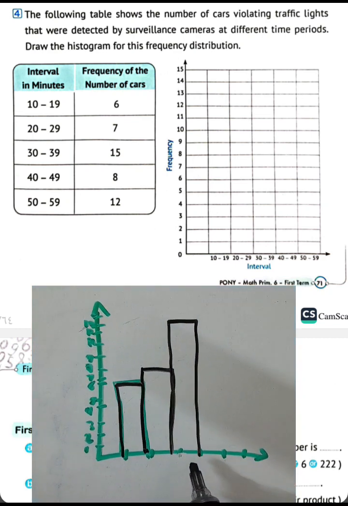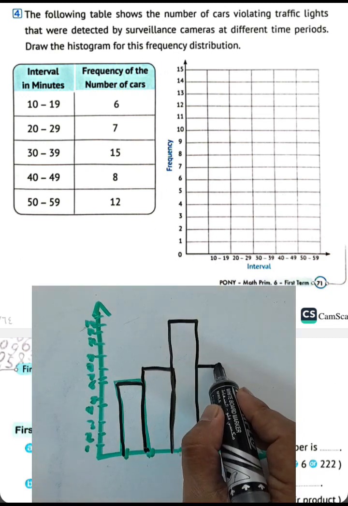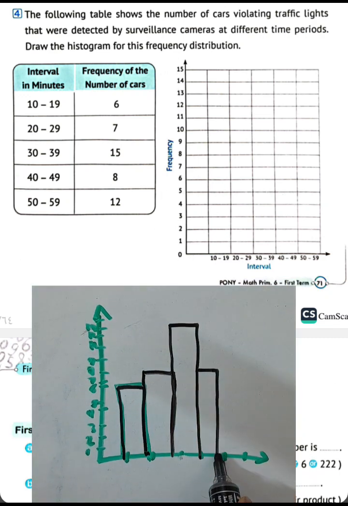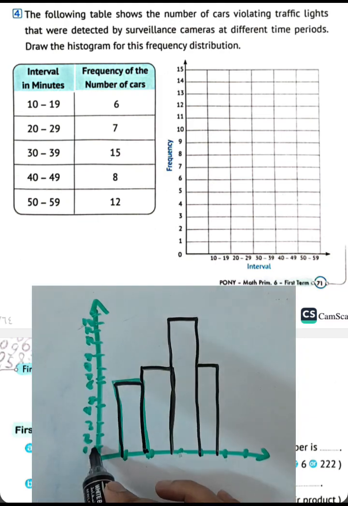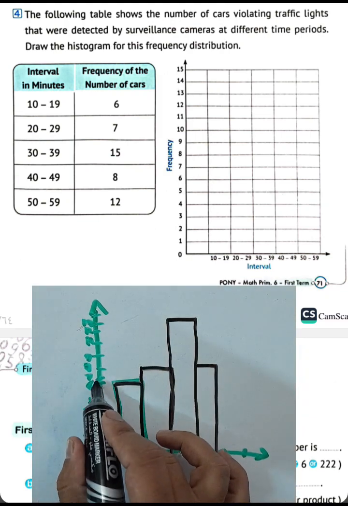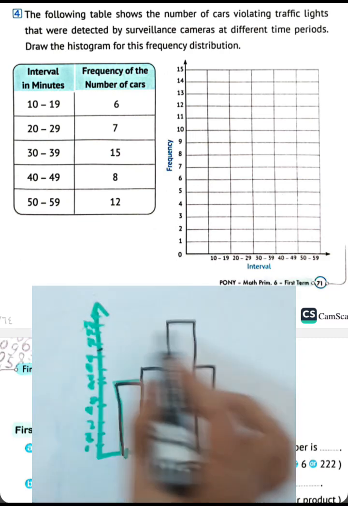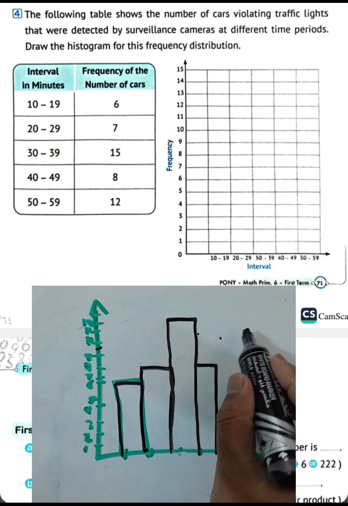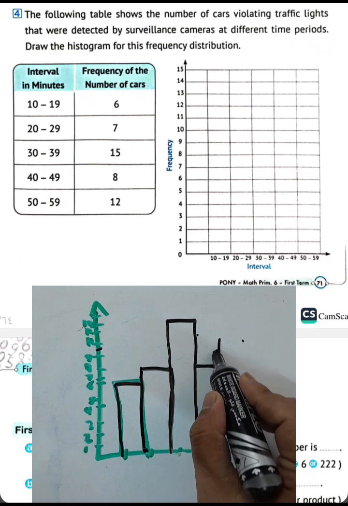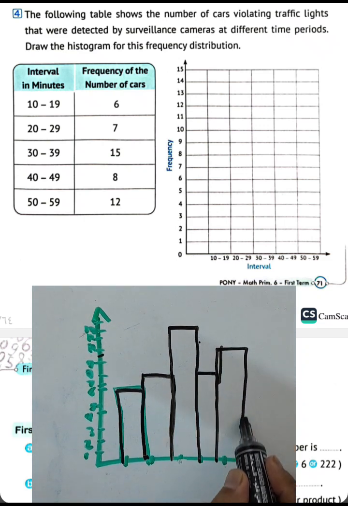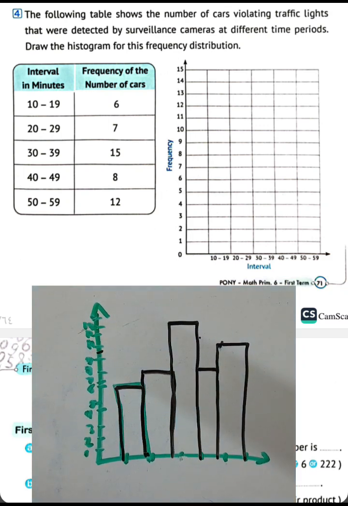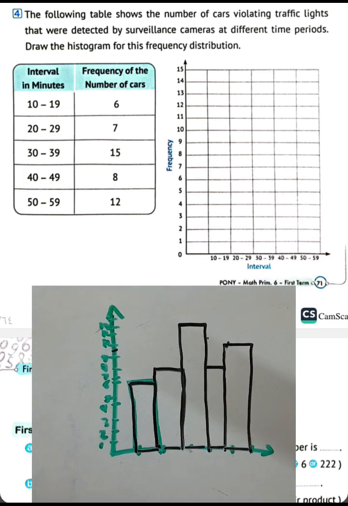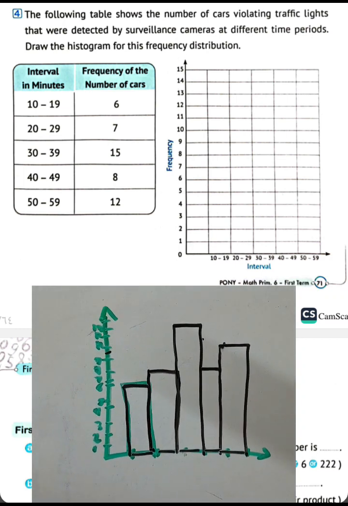And 8. And here to 12. The intervals here: first, second, third, fourth, fifth. Understood?